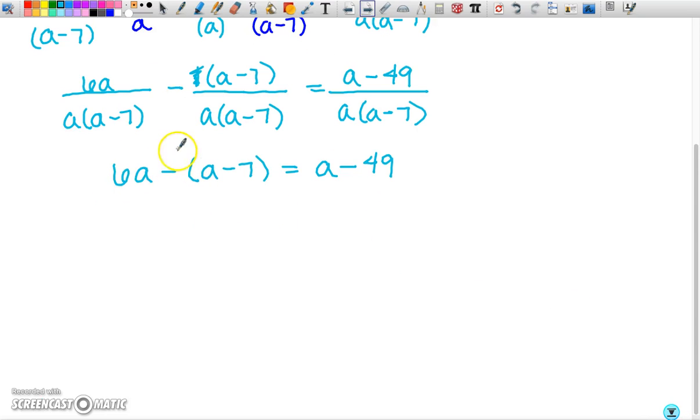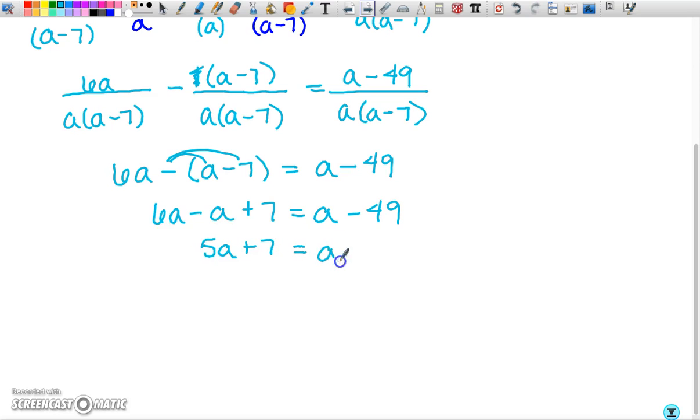And then from here, I'm going to distribute the negative through, so 6a minus a plus 7 equals a minus 49. Combine your like terms to get 5a plus 7 equals a minus 49. I'm going to subtract a to move all variables to one side of the equation.